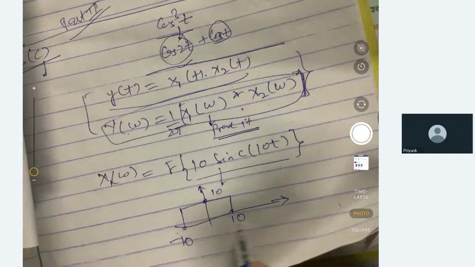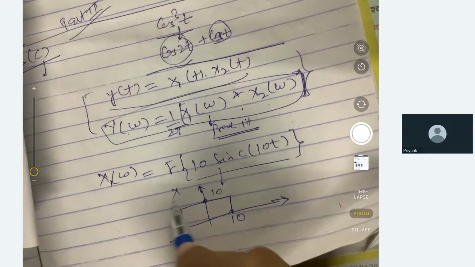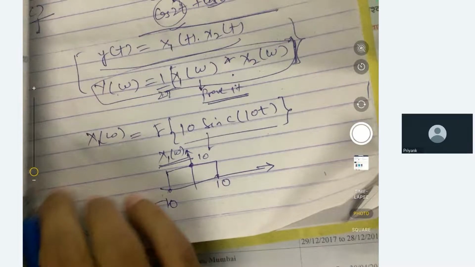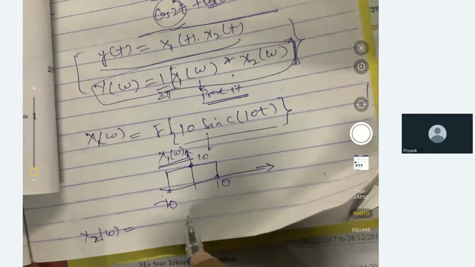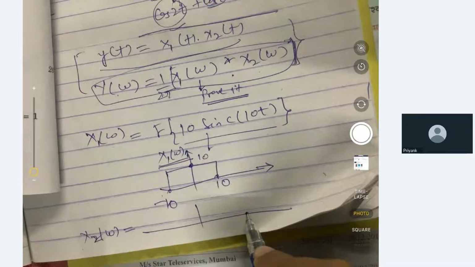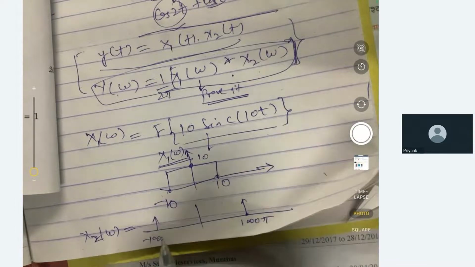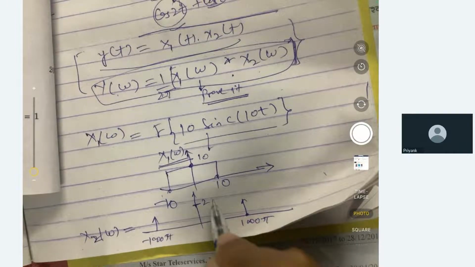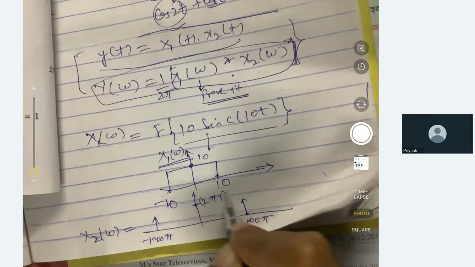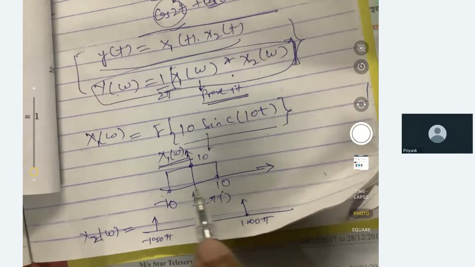So the Fourier transform x1 omega will be like this. x2 omega will be equal to, so it is easy, means 1000 pi, minus 1000 pi, and here 2j. This will be x2 omega.